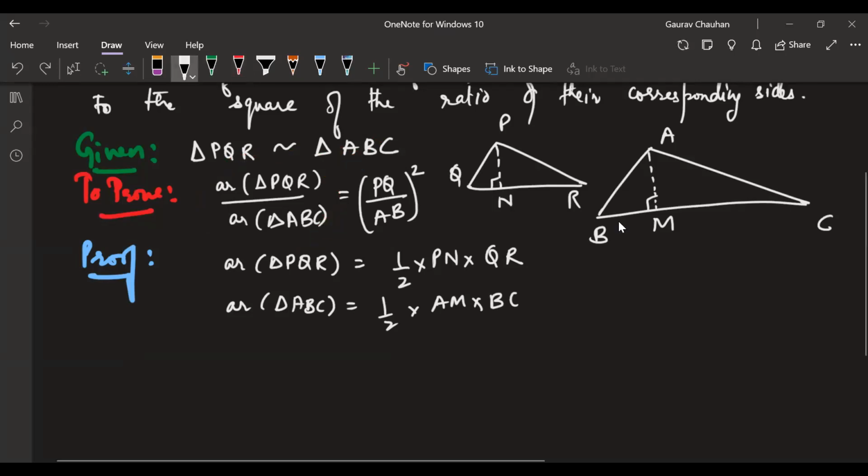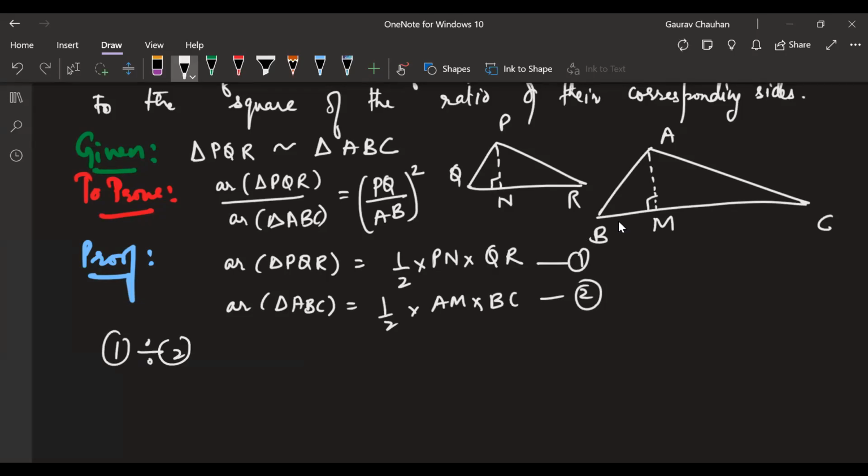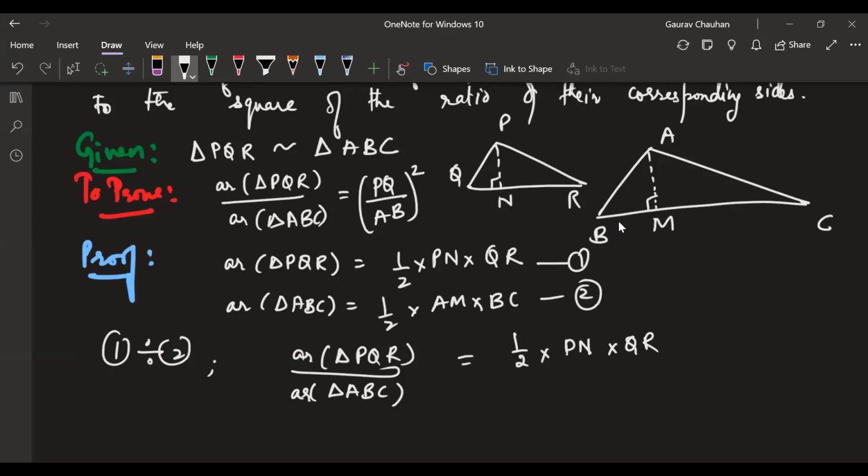I'm going to divide 1 by 2, the first equation divided by the second equation. So we get area of triangle PQR divided by area of triangle ABC is equal to half into PN into QR by half into AM into BC.